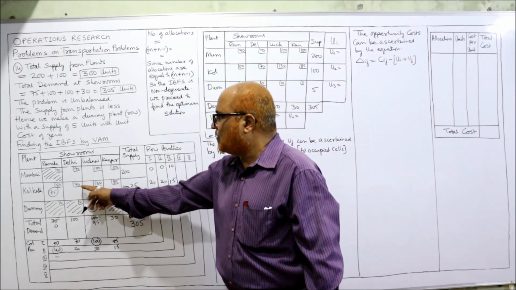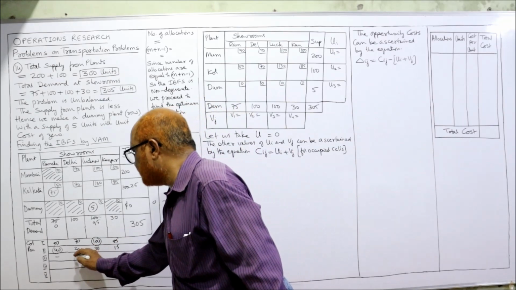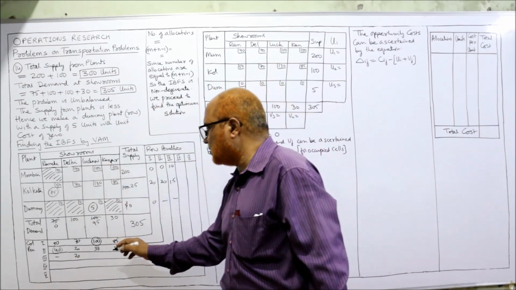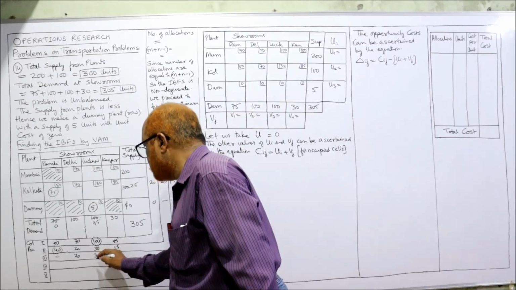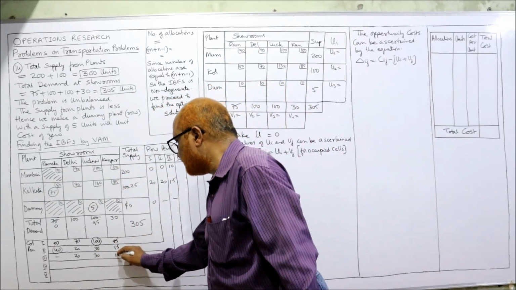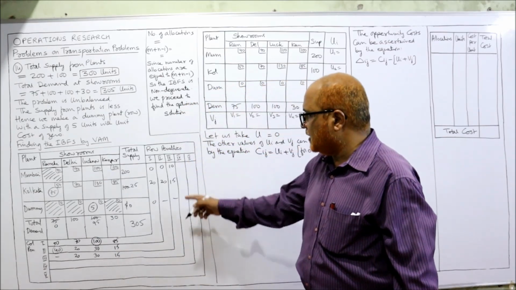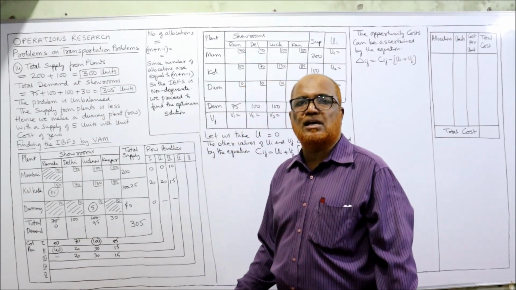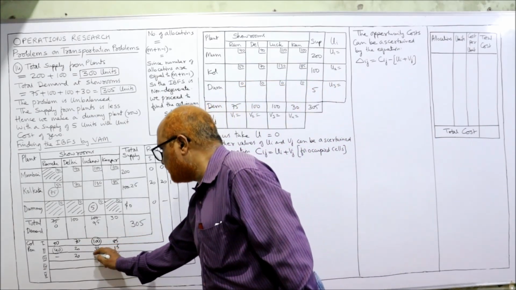Second column 70 to 90, 20. Then here 100 to 130, 30 is the difference. Here 100 to 85, 15 is the difference. Now what is the highest penalty? 10, 15, dash, 15, 30, 20, dash. 30 is the highest. So round off this 30.